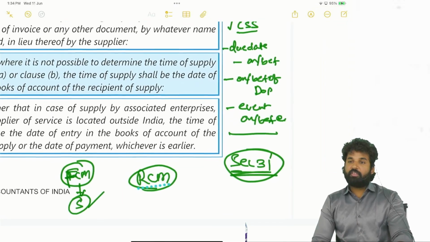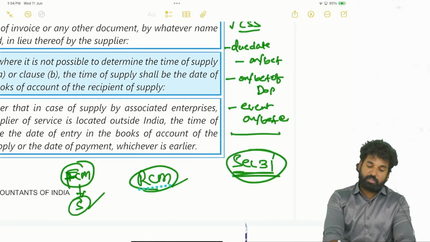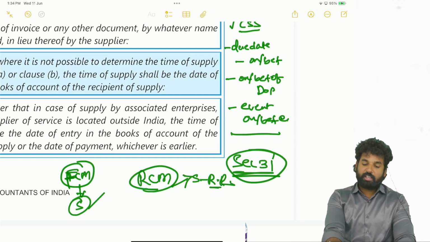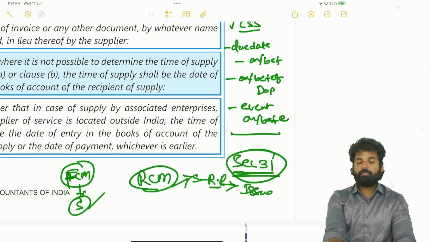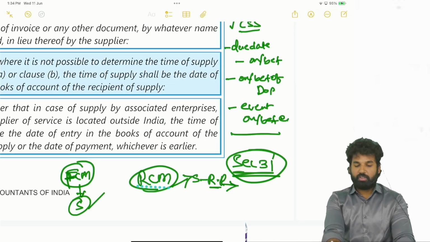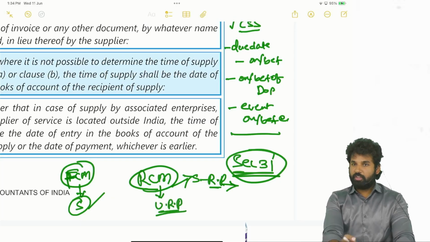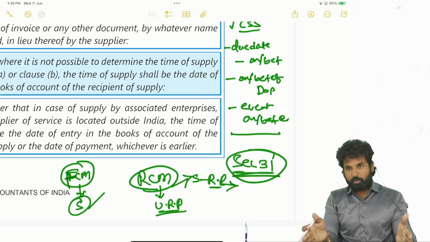In case of reverse charge mechanism, when the supplier is a registered person, then in such cases the supplier only will issue the invoice. Whenever the supplier is an unregistered person under reverse charge mechanism, on this transaction who has to pay GST?